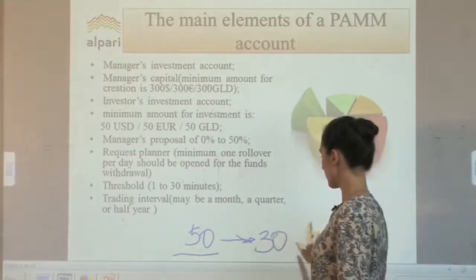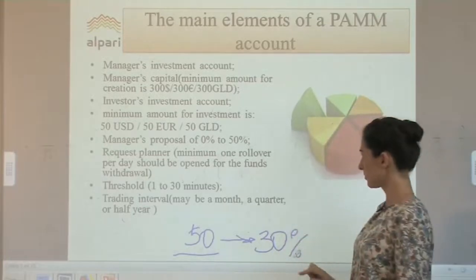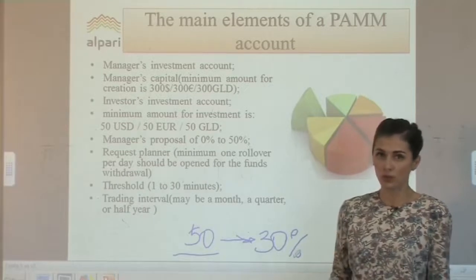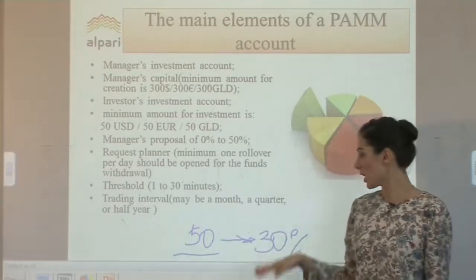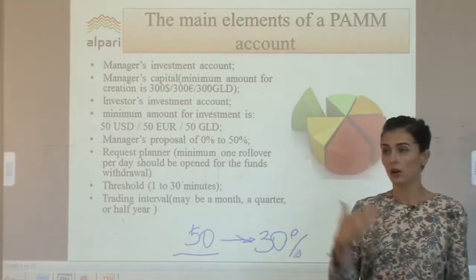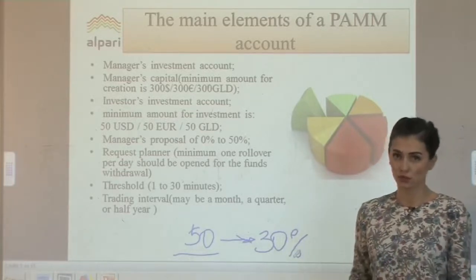This is a single level offer. No matter how much you bring to the PAMM account, I mean your balance, it will be a constant 30% for the successful trading.